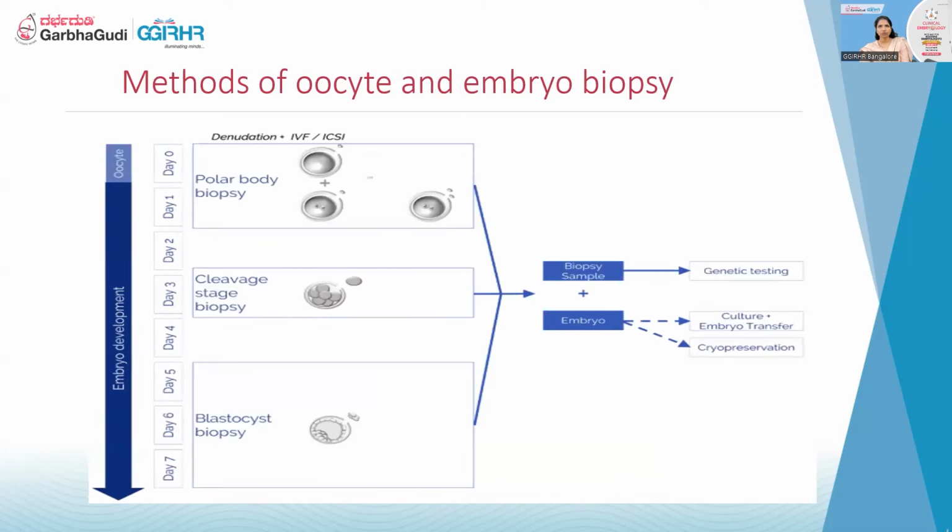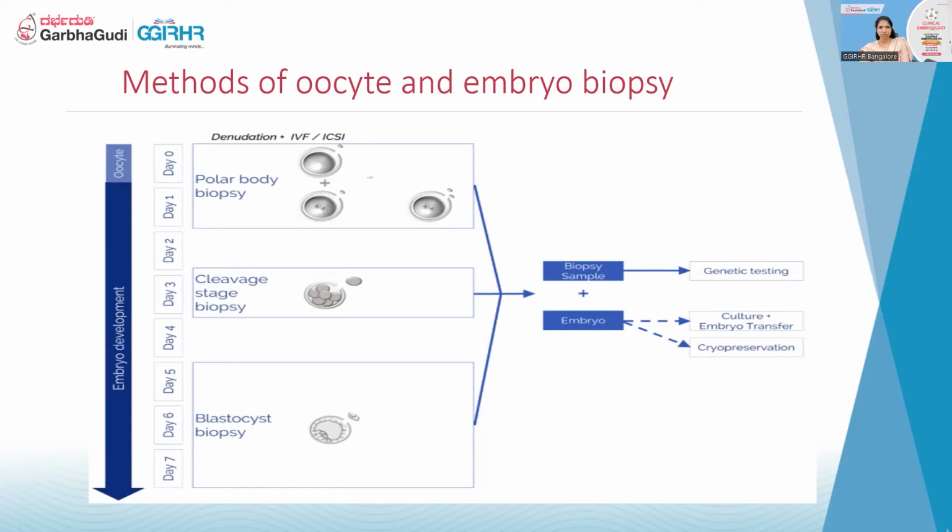Methods of oocyte and embryo biopsy. At the oocyte stage or zygote stage, we can do biopsy. We can take the polar body if it is a day 0 to day 1 zygote or oocyte. On day 2 to day 3, we have blastomeres.